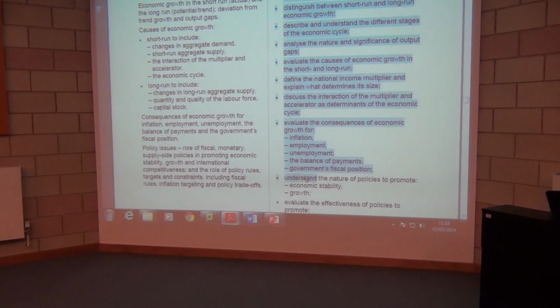Can anyone in Alice's group here, sorry I don't know your names, tell me what a potential question might be given the content of extract 1? Defining the national income multiplier. Again, it's a potential question, isn't it? Because the command word define, you're absolutely bang on with that.